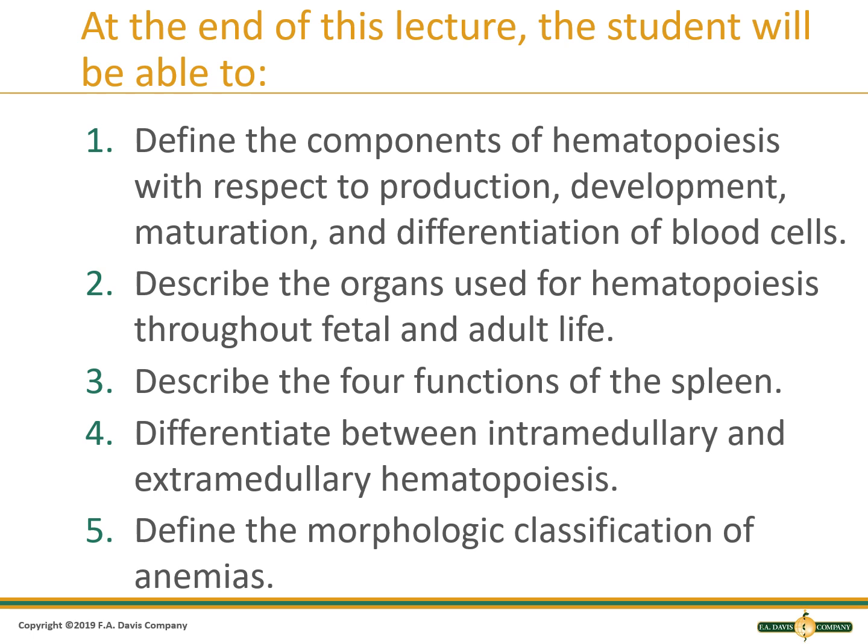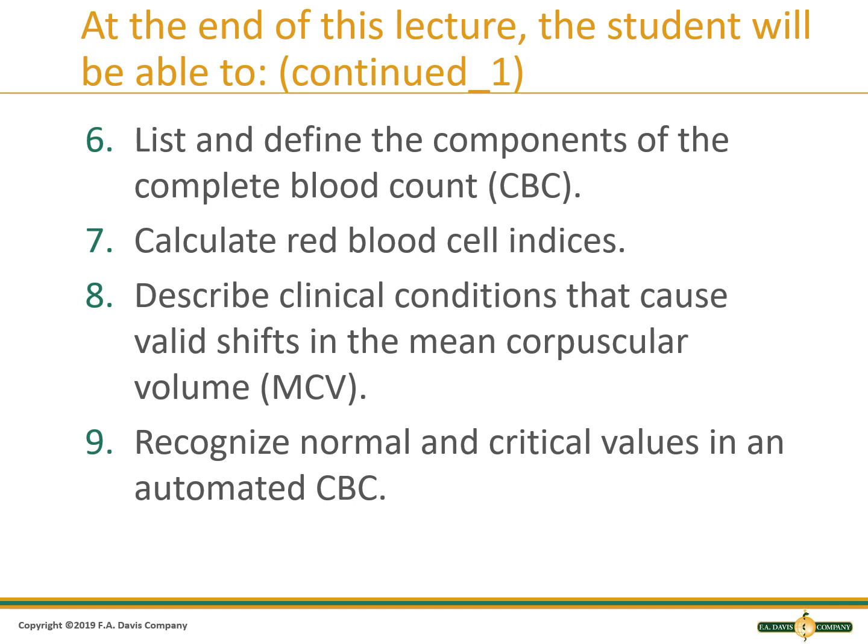Differentiate between intramedullary and extramedullary hematopoiesis, and define the morphological classification of anemias. The student will also be able to list and define the components of the complete blood count, also known as the CBC, calculate red blood cell indices, describe clinical conditions that cause valid shifts in the mean corpuscular volume, or the MCV, and recognize normal and critical values in an automated CBC.